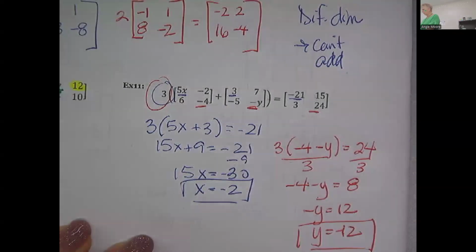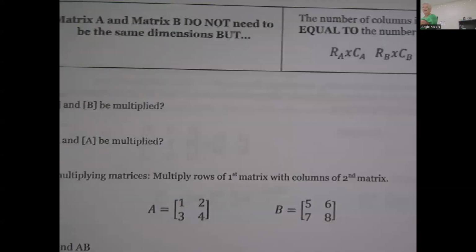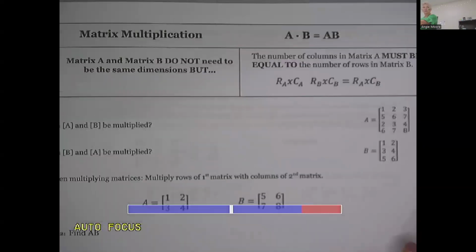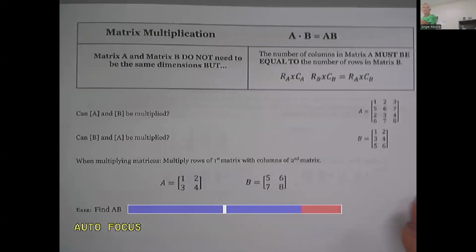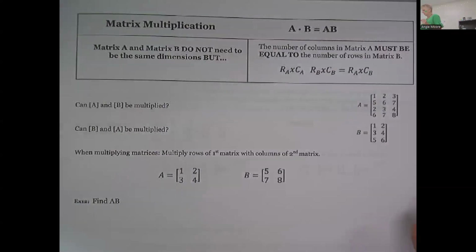All right, we may get interrupted again, but we're going to get to matrix multiplication. And this is where it, to me, was easy peasy stuff. This is going to get where you've got to pay attention. Not really hard, but you've got to pay attention.